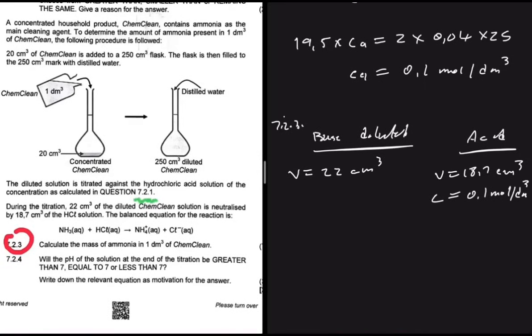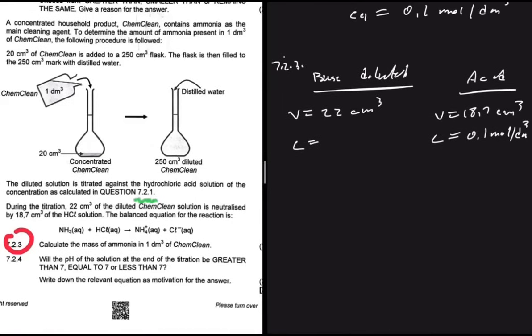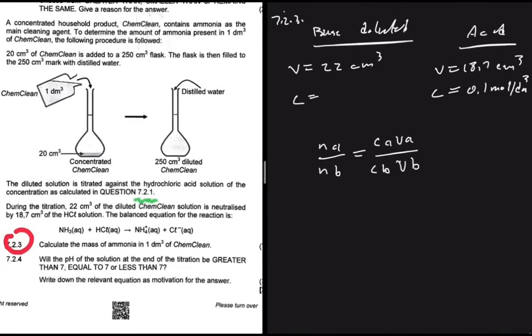So we can start by finding the concentration of the diluted base. We can say that the number of moles of acid divided by the number of moles of base is equal to the concentration of acid times the volume of acid, divided by the concentration of base multiplied by the volume of the base, right?